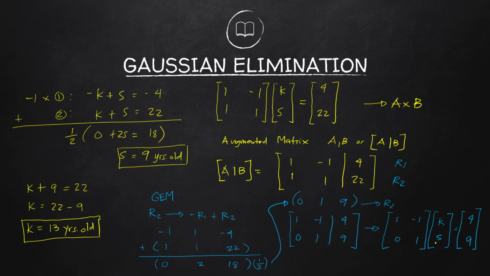And with this, we can look at the last row here using row by column multiplication. We can obtain the value of S, and that would be equal to 9 years old.